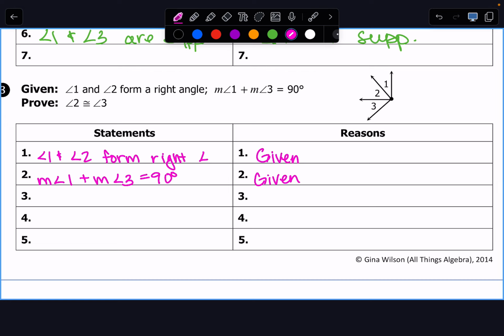Okay, great. So angle 1 and angle 2 form a right angle. So since they form a right angle, we first need to establish that angle 1 and angle 2 are complementary. We need to say that first, okay?